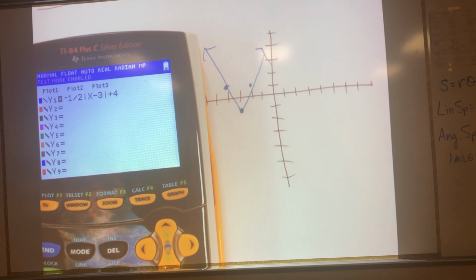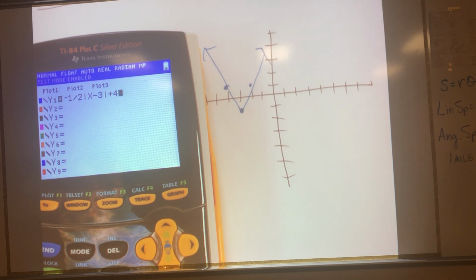Okay, I want you to graph him on your little graph that you have right there. All right, are you ready?